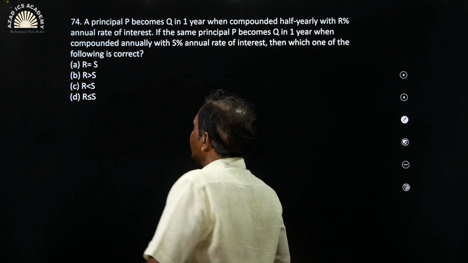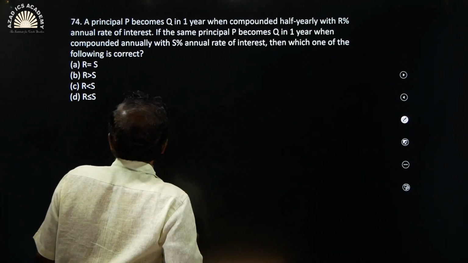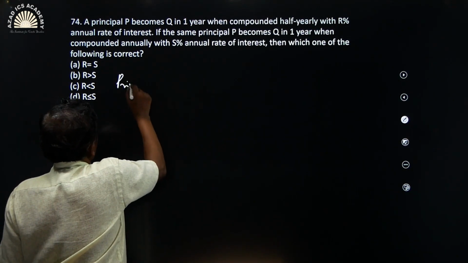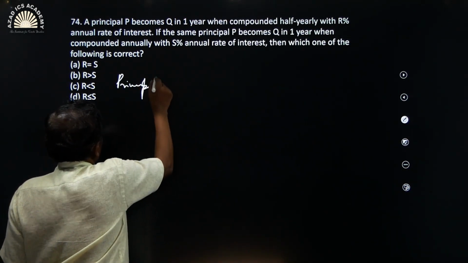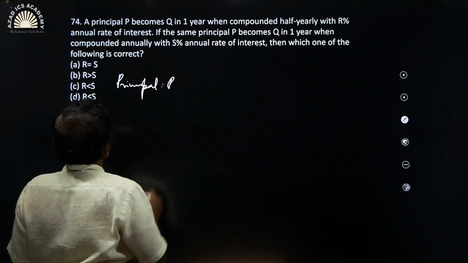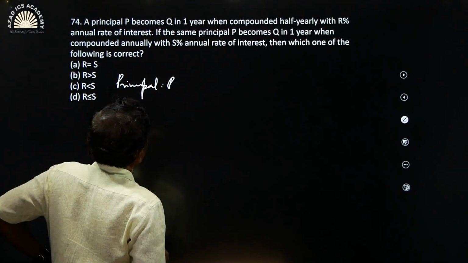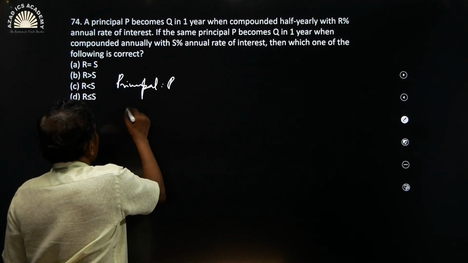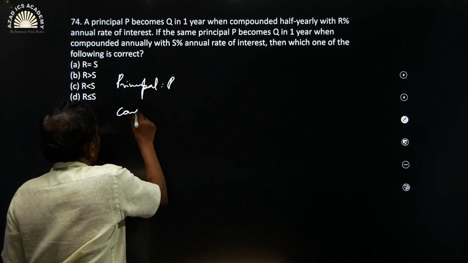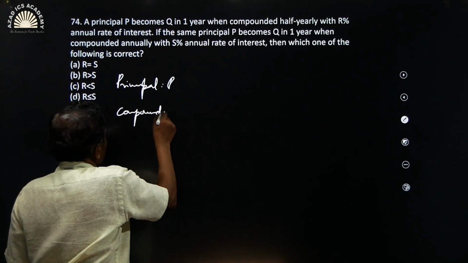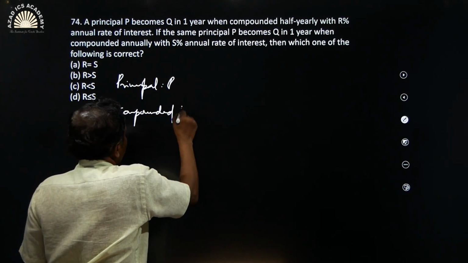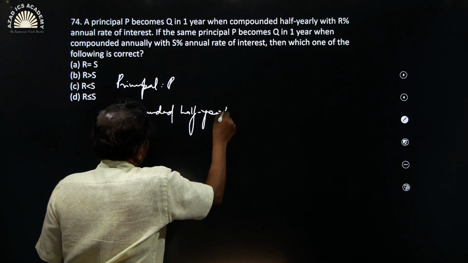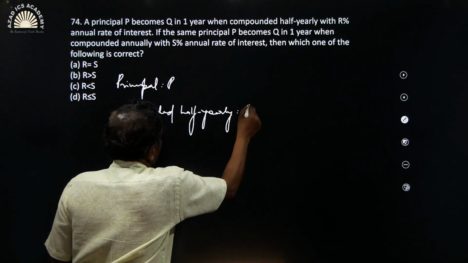Now, what is said in the question? A principal P, in 1 year when compounded half yearly is R%.